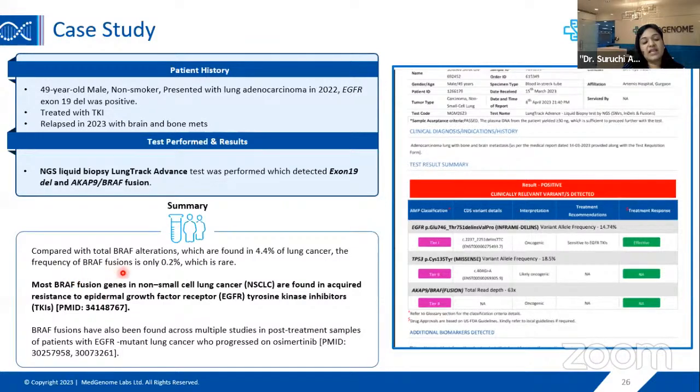So BRAF fusion as a resistance mechanism to EGFR TKI is found in only 0.2%, which is rare. What I want to convey through these cases is that there is a lot of genetic information which can be missed out when we are doing very focused testing. These cases are rare in the population, but for that particular patient, they may be very important to understand.